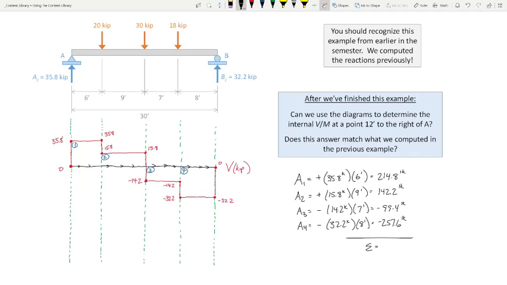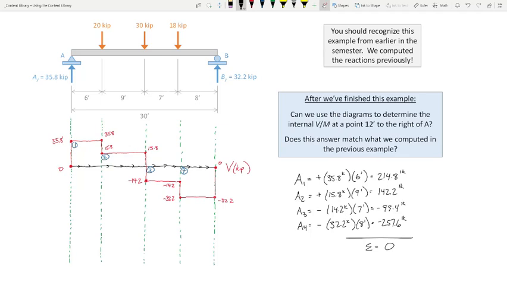What do you get if you sum those areas? 0. You get 0, okay? Why do you get 0? Because the sum of the moments are 0. That's what this is. We are integrating the shear diagram to construct a moment diagram. The sum of the moments are 0, right?